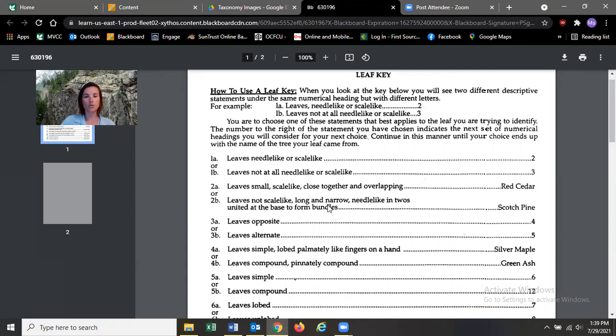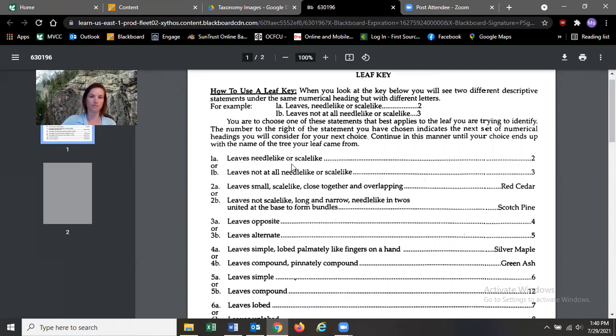But if they were any of those things, I would be a Scotch pine, okay? That is if I was needle-like. Now our leaf is not needle-like, so we're not in that group. I'm just showing you the example of where you go next, okay? Because it's going to be relative, you're going to be able to relate to this when you're building your key.